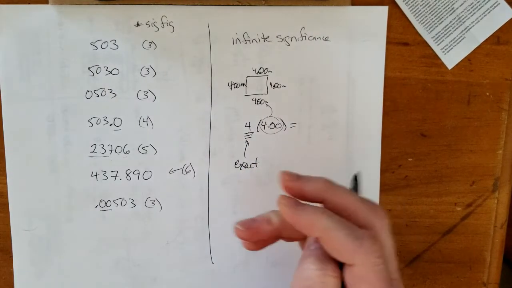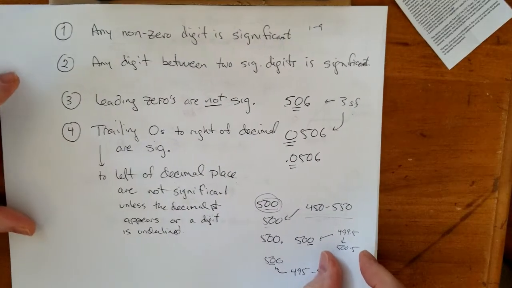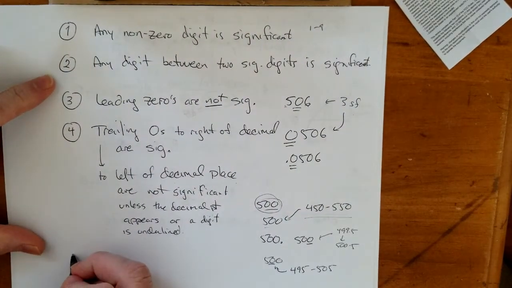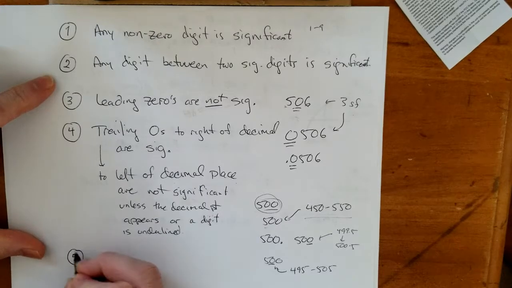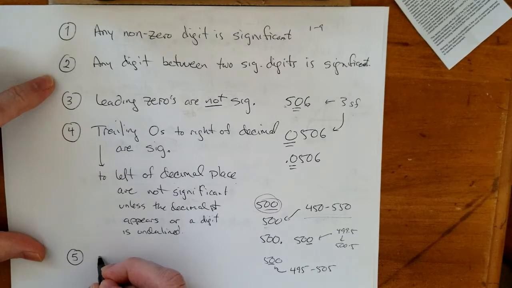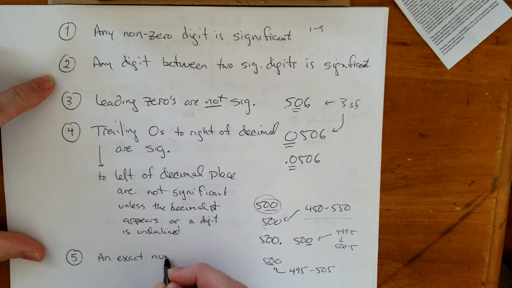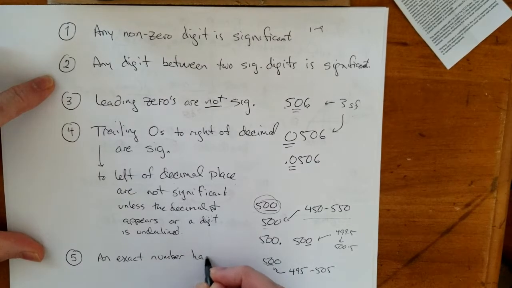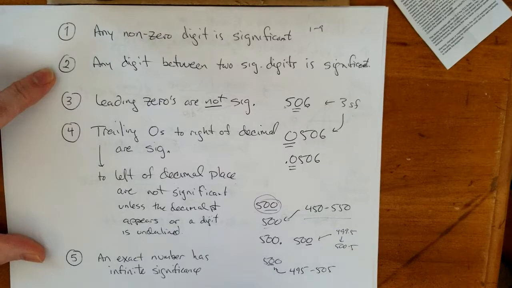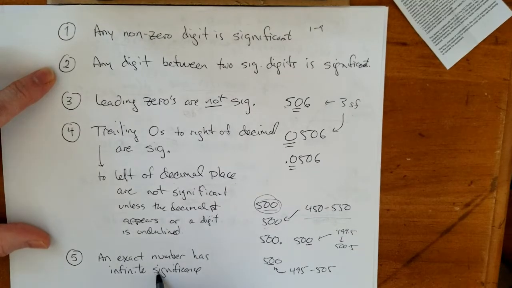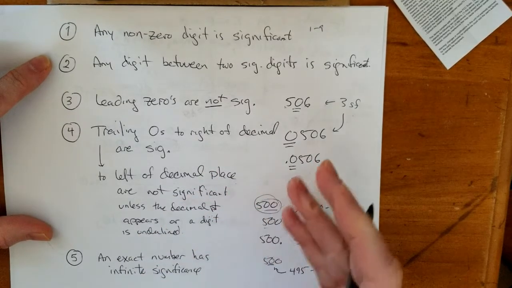So I guess we can now do Rule 5. An exact number has infinite significance. And so exact numbers show up when you're, say, the example I just did with the perimeter.